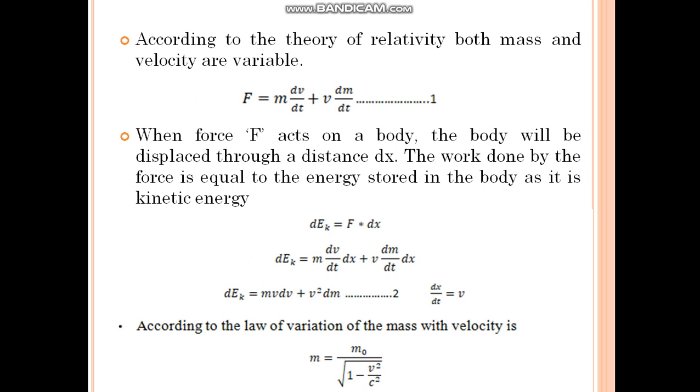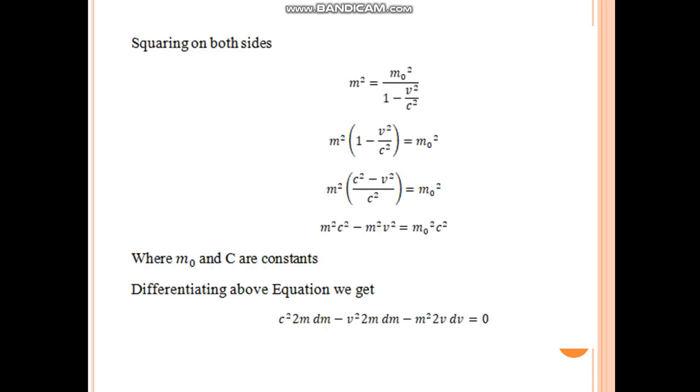According to the law of variation of mass with velocity, m is equal to m naught divided by root of 1 minus v square by c square. Squaring on both sides, and after simplification we are going to get the equation m square c square minus m square v square is equal to m naught square c square, where m naught and c are constants. Differentiate the above equation with respect to mass and velocity.